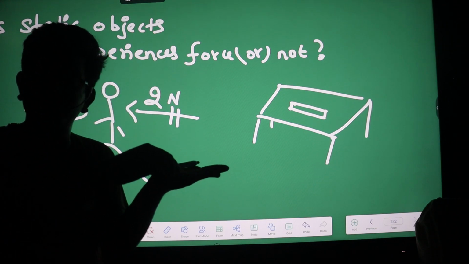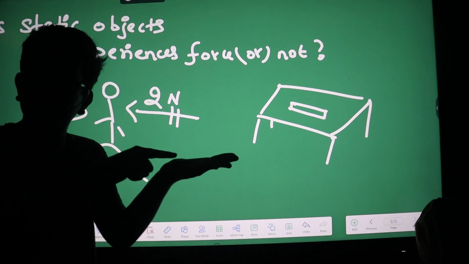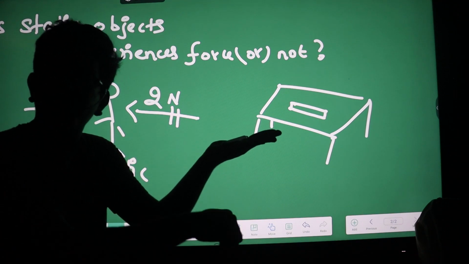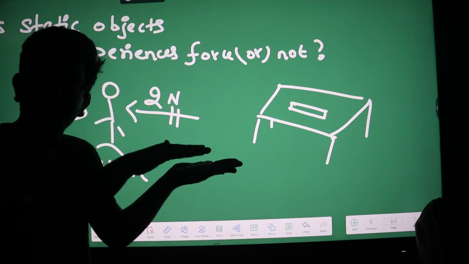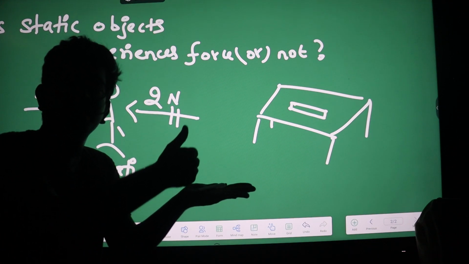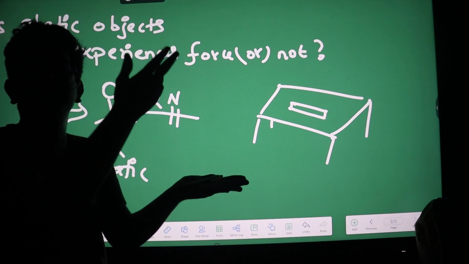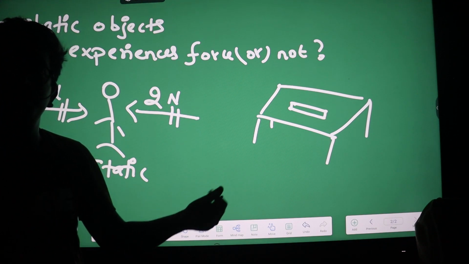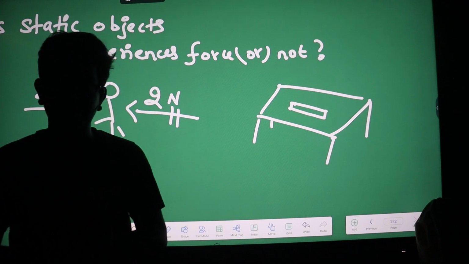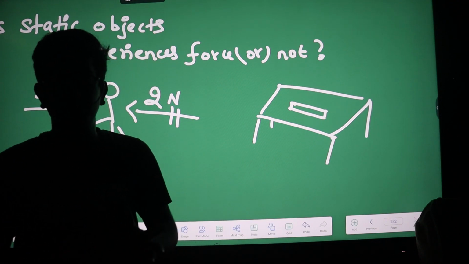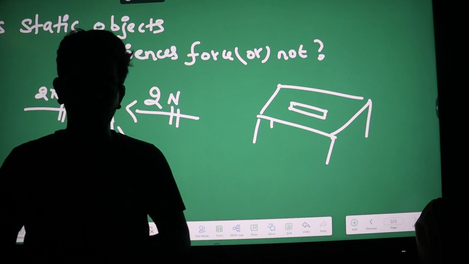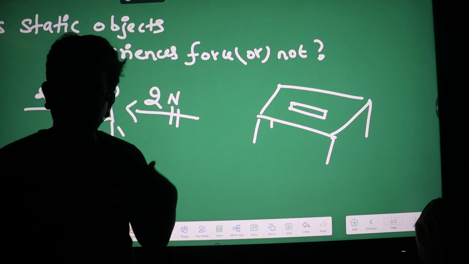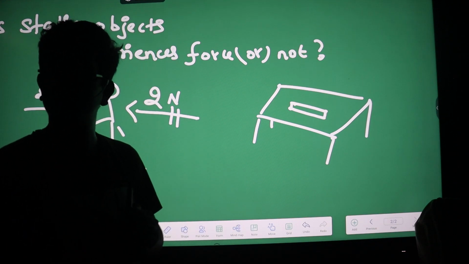Actually this pen is experiencing a gravitational force. Even though this pen is experiencing a gravitational force, it is not falling down because my palm is giving an equivalent force in the upward direction, which cancels out, and this object becomes static. So each and every static object in the universe experiences force. You cannot say that this static object is not experiencing force. Even we are experiencing the gravitational force, right?